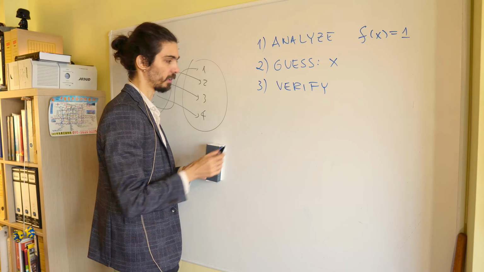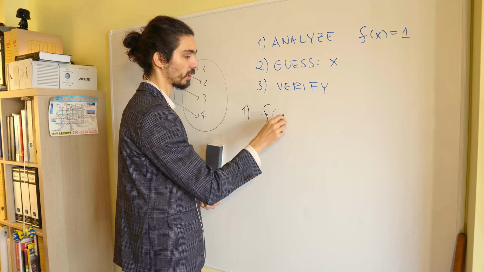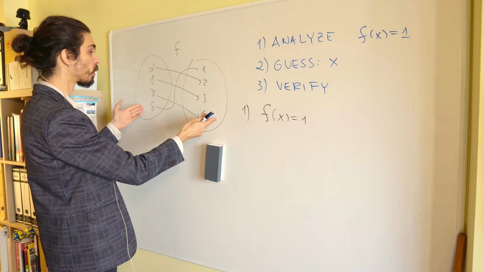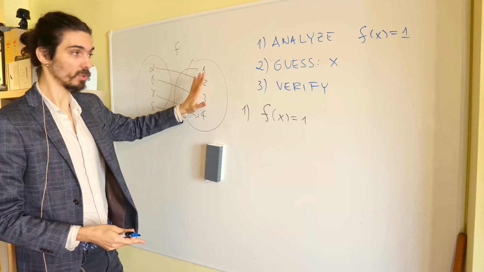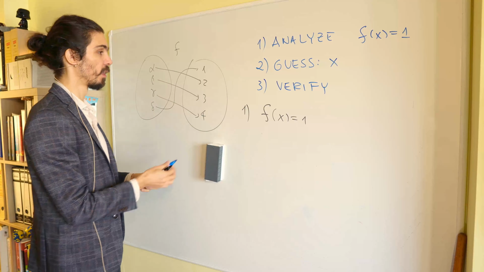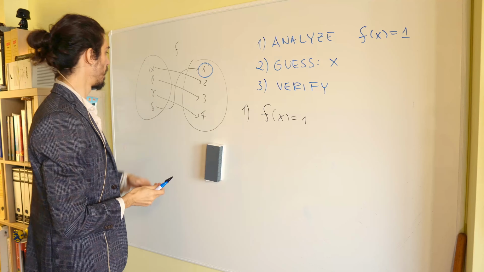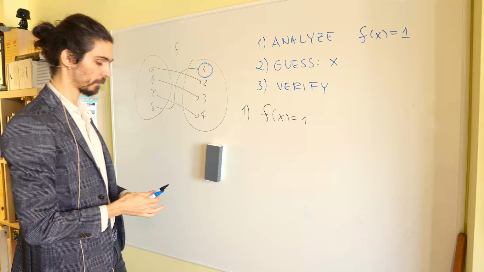Let's now use these 3 steps to solve our equation. Step number 1, you just look at this. Well, we know f, and by looking at f, we notice something. Besides the arrows that tell the assignment, we fix our target. We notice that we have a small domain, just 4 elements.